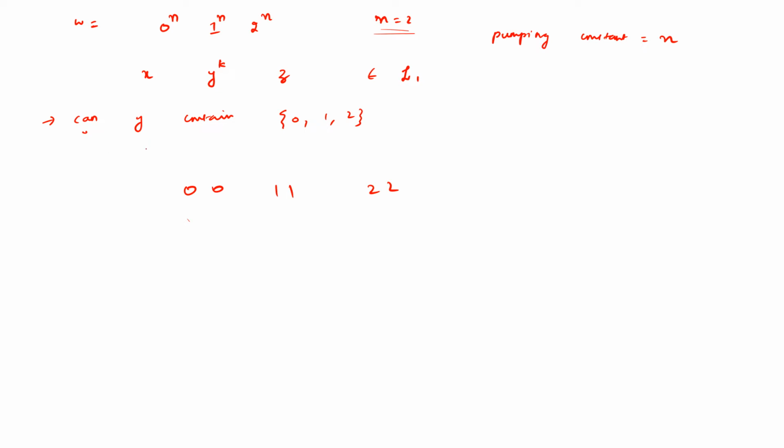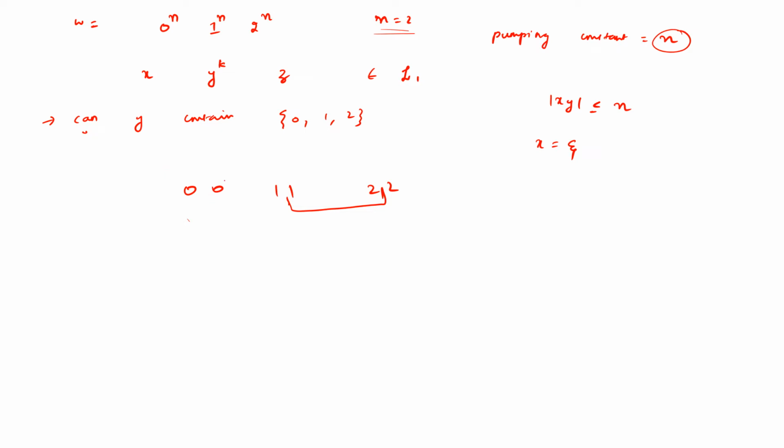Now we saw a condition that the length of x y together should be less than or equal to the pumping constant n. For the sake of argument, say x equals epsilon. Then at most you can accommodate only 1 and 2, because once you accommodate those, you have exhausted the pumping length n.